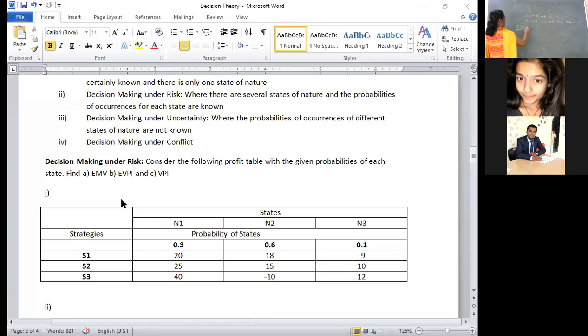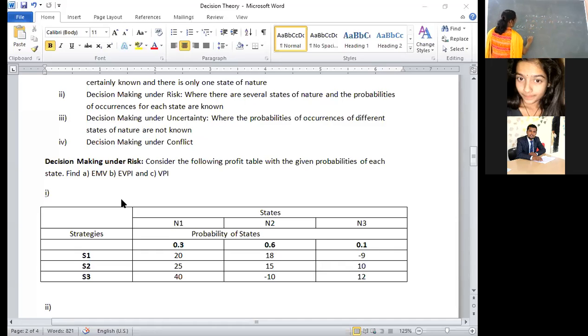The formula is summation of the random variable X into the corresponding probability, X into P, where I is running from -2 to +2. How will we solve this problem?